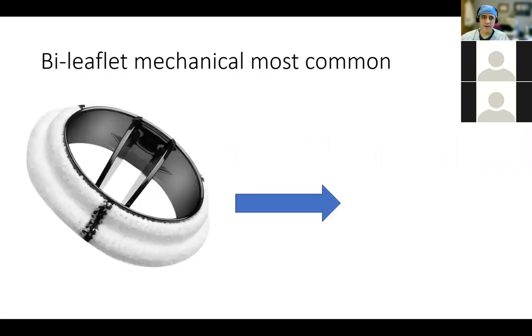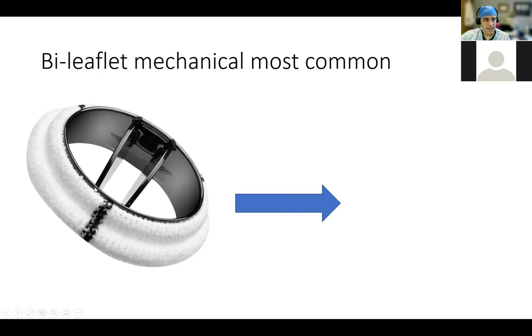Bileaflet mechanical valves are the most common, and it's worth noting how they're designed. They're basically leaflets held in hinge points, and these little hinge points are really the place where thrombus or anything could accumulate to lead to a malfunction. You can have malfunction of one of the leaflets or both leaflets.